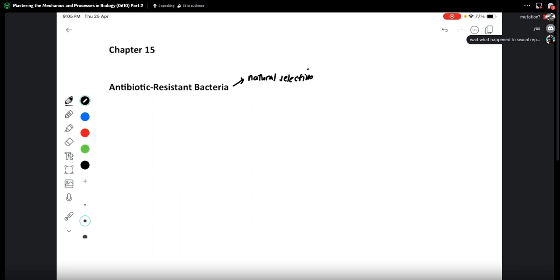So it all depends on its surroundings. It always starts off with mutation. When they mutate, we know it's a change in the sequence of bases in the DNA. When there's a change in the sequence of bases in the DNA, there will be more variation.